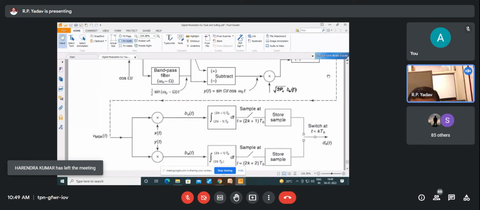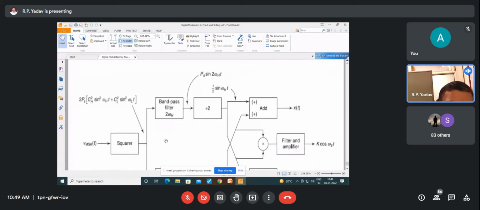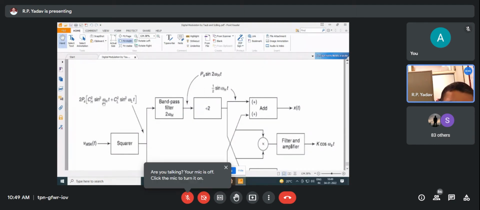And once we get this, how do we recover it back? What we do essentially is, because this is a synchronous demodulation, I generate x(t) and y(t). If this is my MSK signal, again I square it, the same thing, cos square and sin square. So this is my component here.